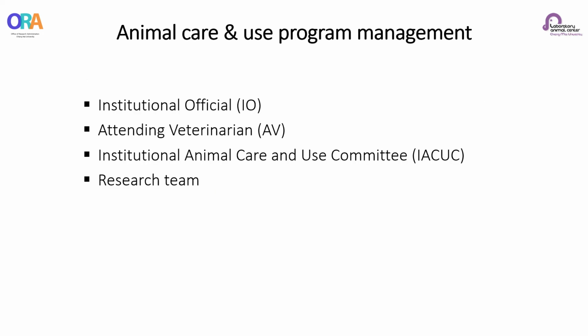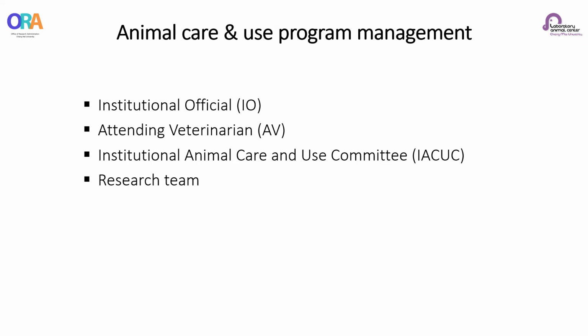Next, I would like to talk about animal care and use program management. The animal care and use program has three main components. One is the IO, institutional official. The IO has the authority to allocate resources, personnel, and finances to the program, so it will make the program run effectively.